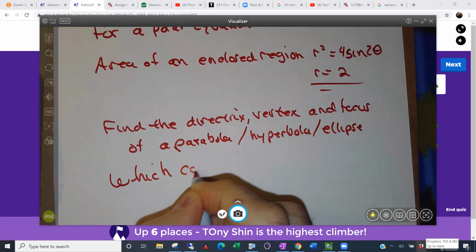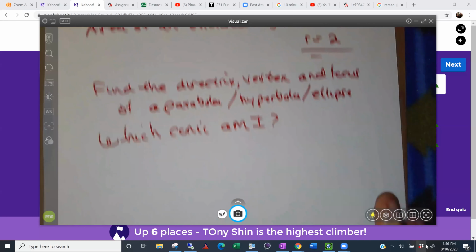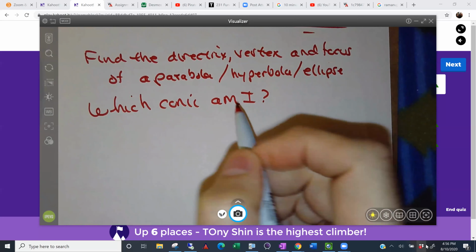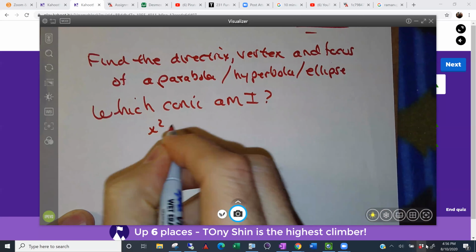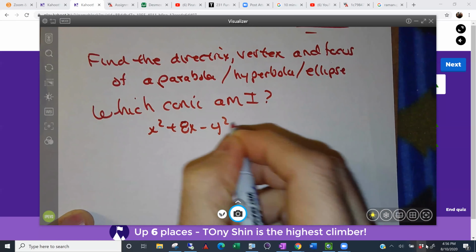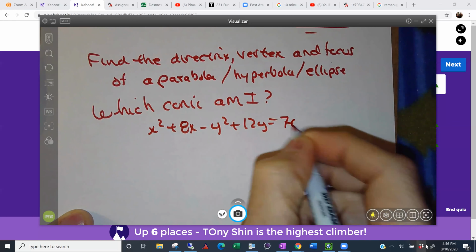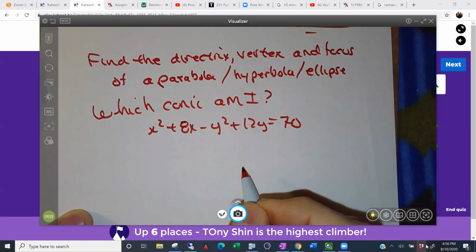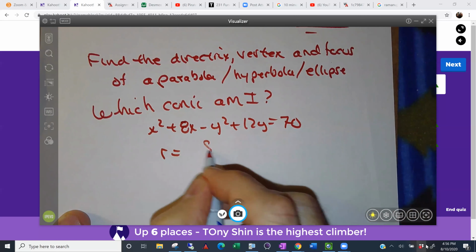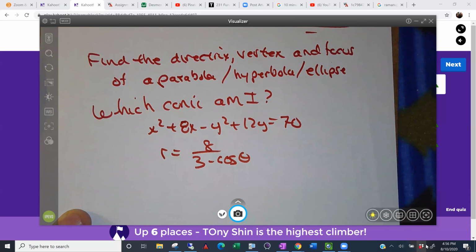Which conic am I? I think we played a Kahoot like that, but the difference is on the test, you could have equations like x squared plus 8x minus y squared plus 12y equals 70, or you could have something like r equals 8 over 3 minus cosine of theta.